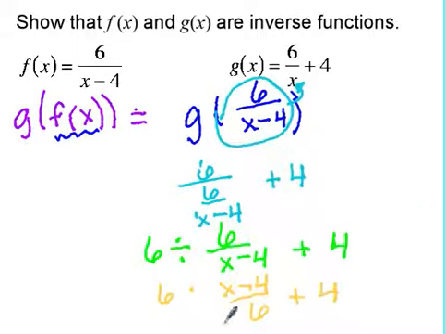Your 6's cancel. And it leaves you with x minus 4 plus 4. So what happens to your minus 4 and plus 4? And it leaves you with x, which is exactly what you wanted. Now, if you don't get it to work to equal x, you've done something wrong. Or they are not inverse functions.